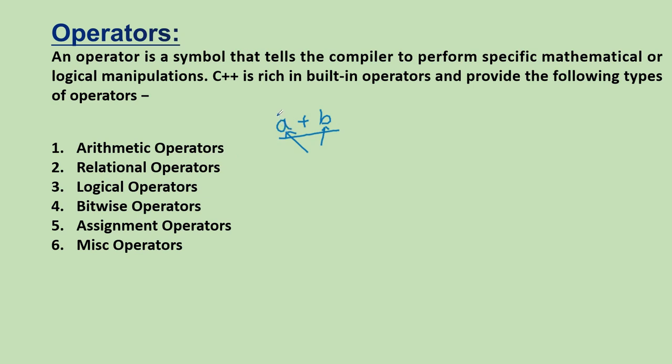Whatever operation has been performed, you can use one more operator, the equal to operator, to give the result of this operation to a particular variable, C. There are different types of operators. Operators are categorized into arithmetic operators, relational operators, logical operators, bitwise operators, assignment operators, and miscellaneous operators.